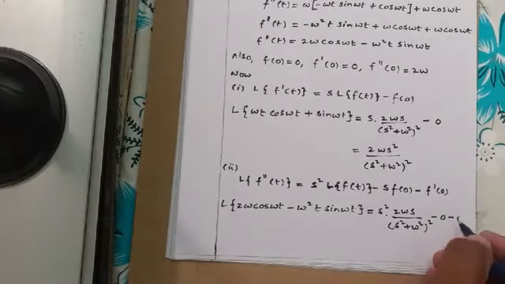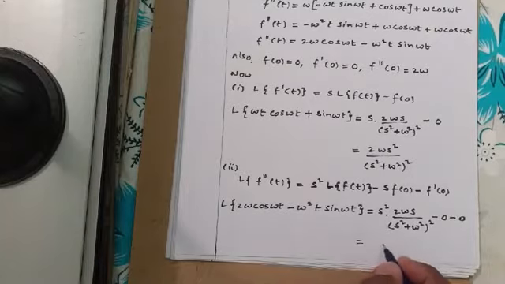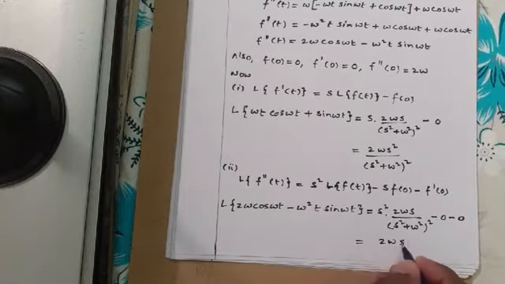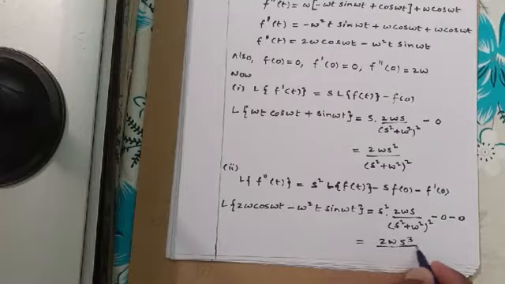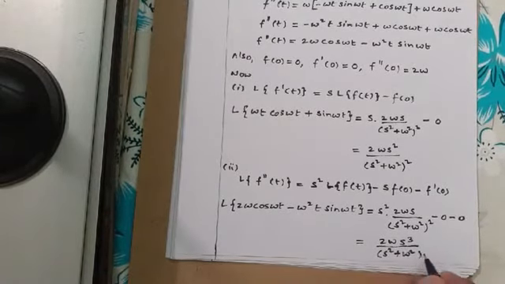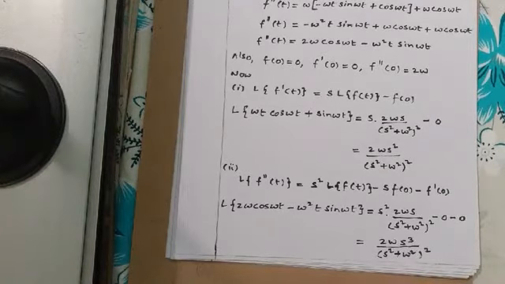So the solution is 2 omega s cube upon s square plus omega square whole square. So this is the solution for the first bit and second bit.